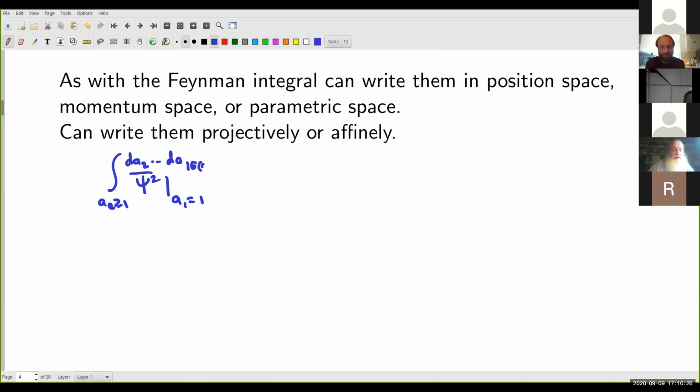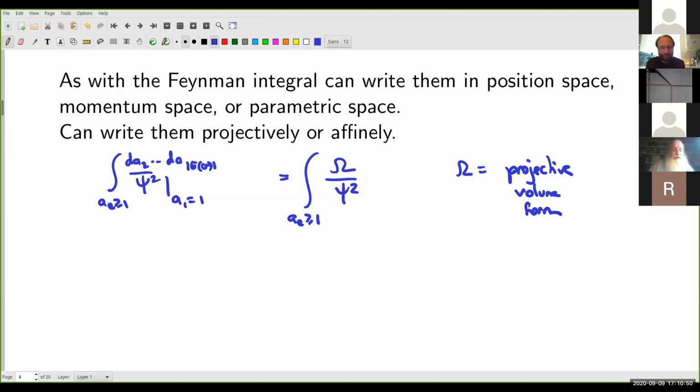But if you were an algebraic geometer at heart, you probably didn't actually like that, because you'd probably rather think about it as a projective integral. So the same thing, but let's not set that. But we want to now work over some projective form. And the same holds in other cases.